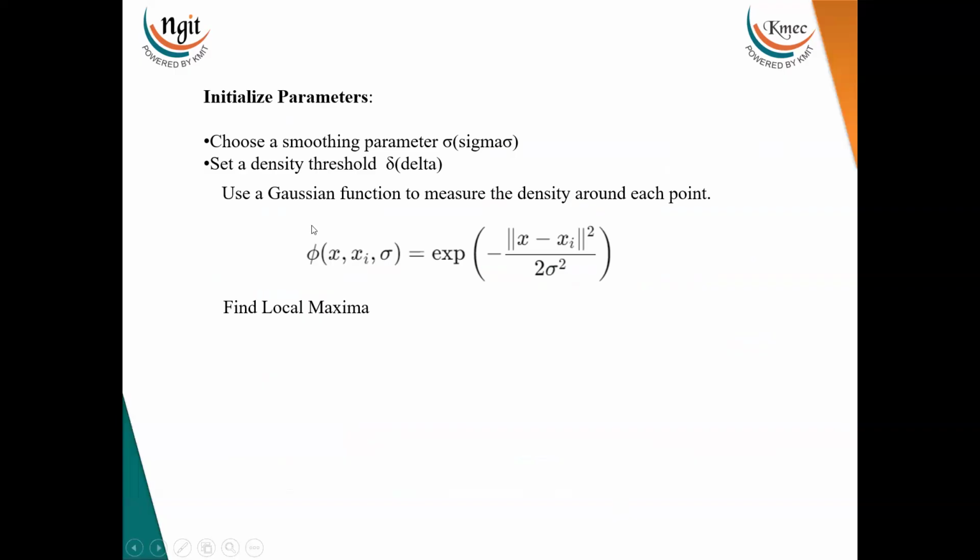Initially we'll be using a Gaussian function. This Gaussian function will measure the density around each point. After finding the density using this density function, we'll find the local maxima. It means that using gradient ascent, we try to find the points which are at the local maxima, and we'll cluster those points.